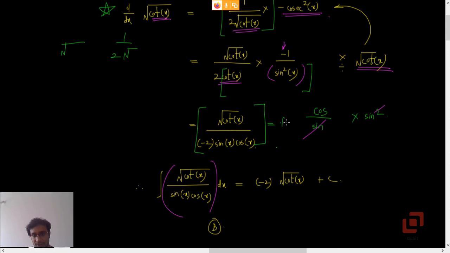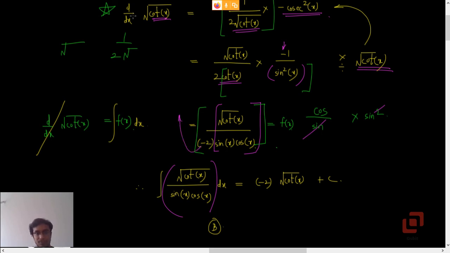Let us call this function f of x. So if derivative of root of cot x is f of x, then the integral of f of x with respect to x must be root of cot x. Yes. But the integrand which is given to us is only root cot x upon sin x into cos x, so shift -2 to the other side.